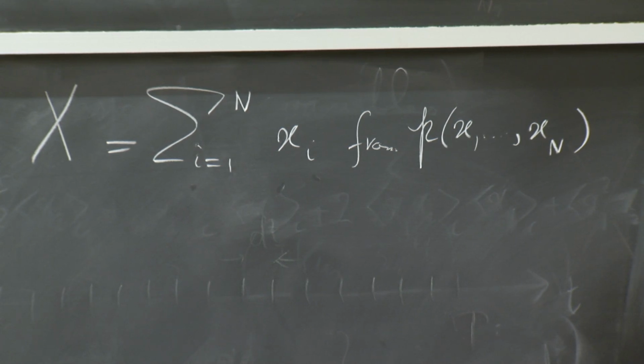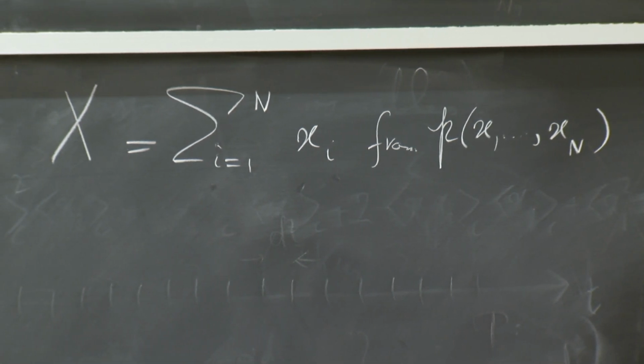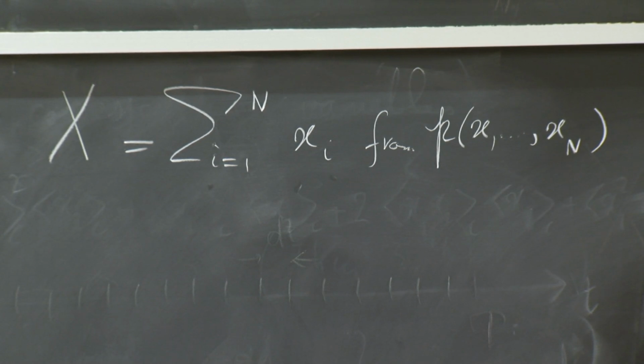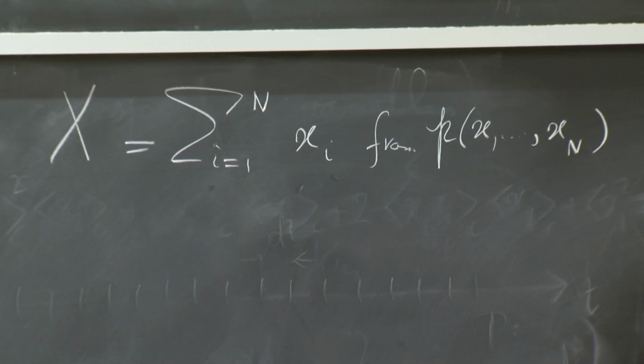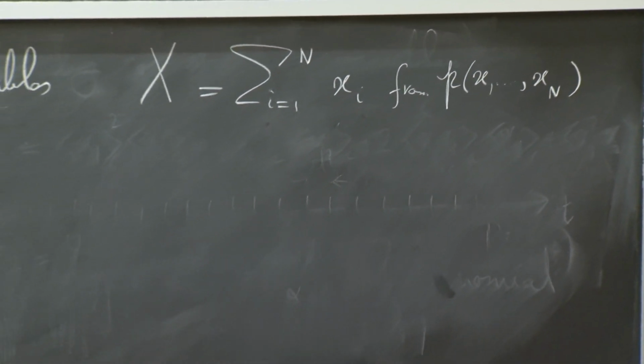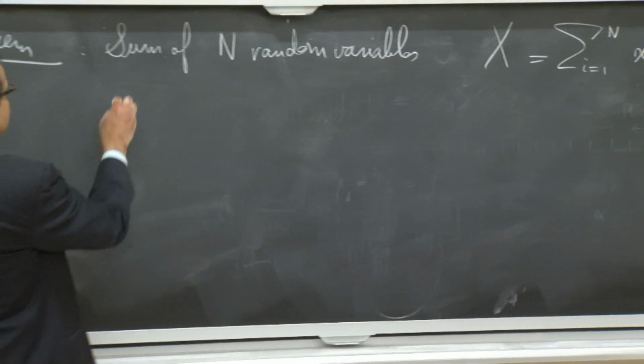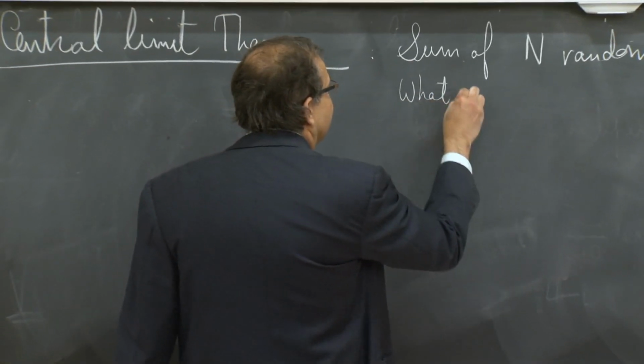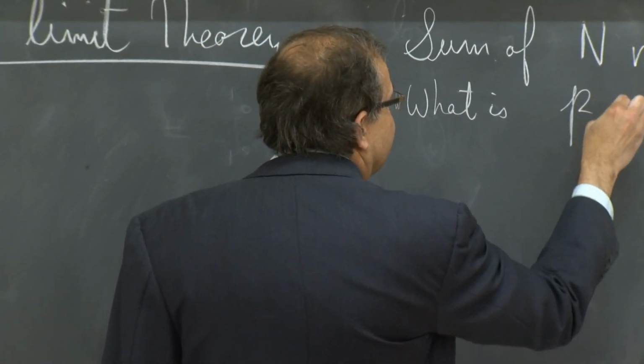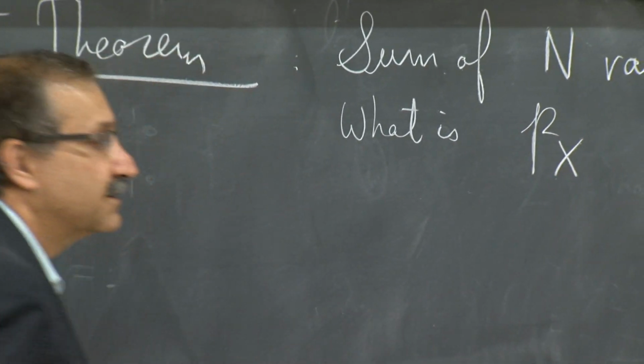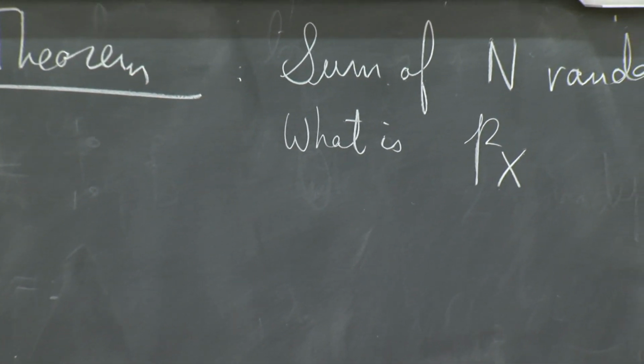So X itself is a random variable because of the possible choices of different x_i from this probability distribution. Okay? So what I'm interested in is the probability for the sum. So what is the P that determines this sum?